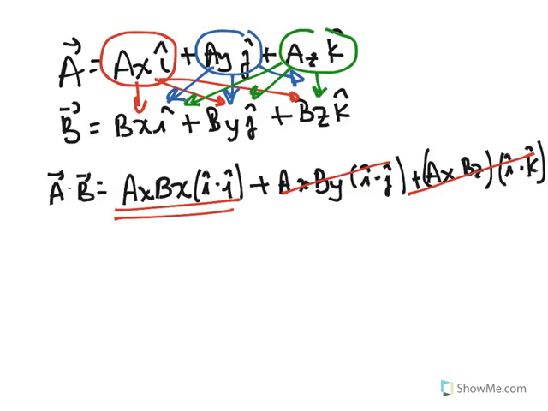And we only get this number in the first with the first term. And the same will happen, for instance, if we have ay j times bx i.